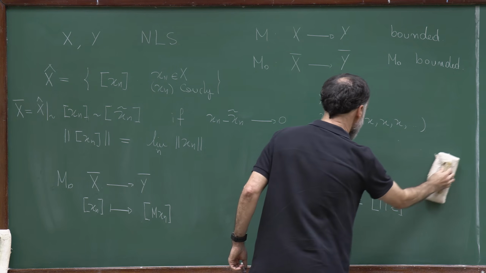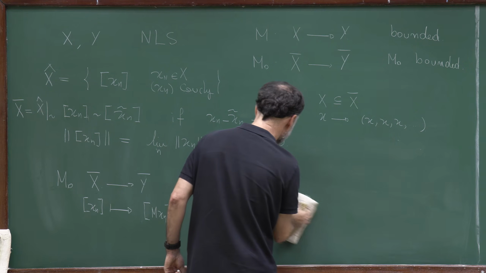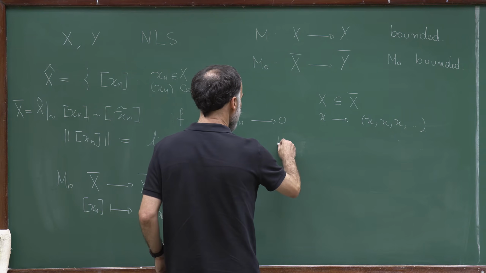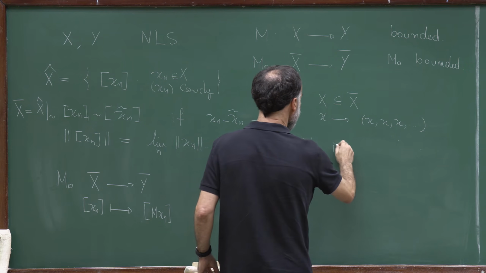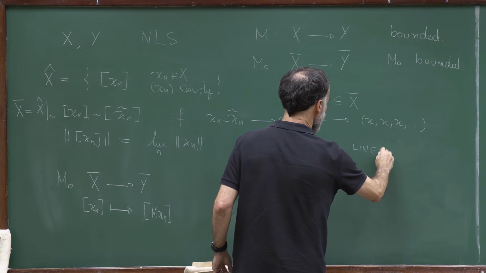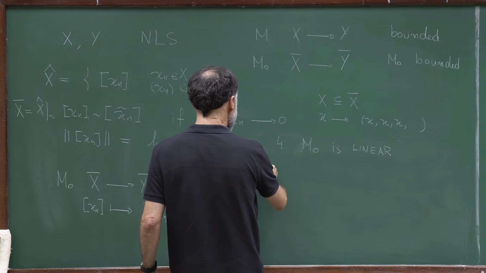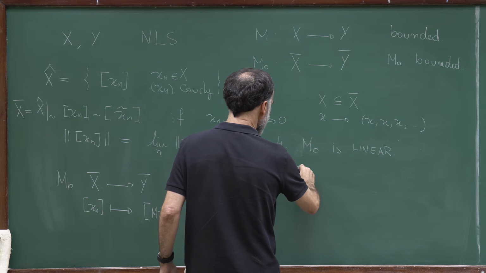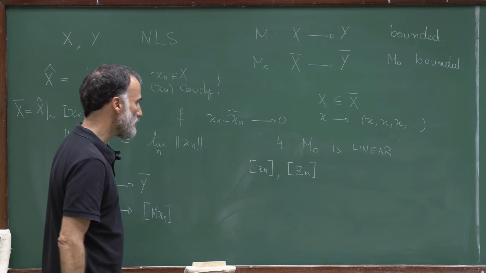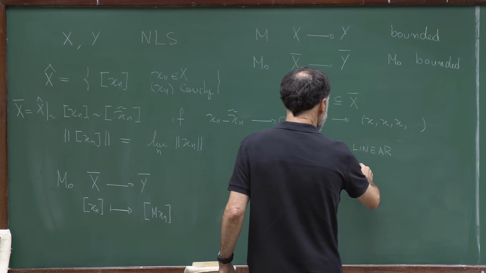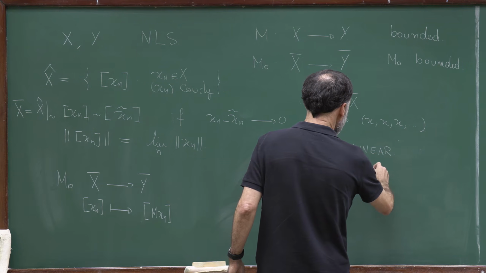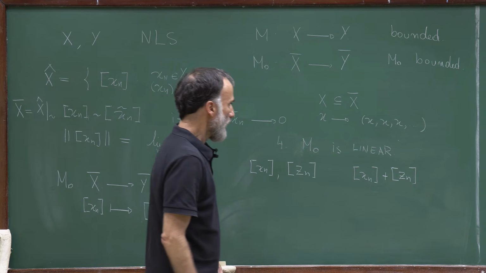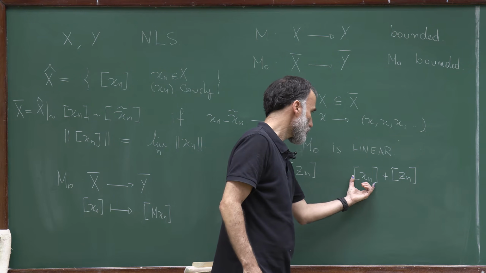Now, so it's an extension, it's well defined. Now let's prove that it's linear and it's bounded. So let's prove that M0 is linear. So let's consider two equivalence classes, the one of x_n and the one associated to the Cauchy sequence z_n. Now, x_n plus z_n. So these are two elements of X bar.